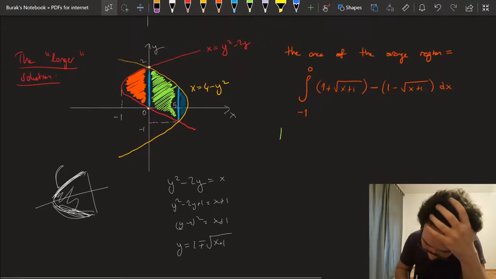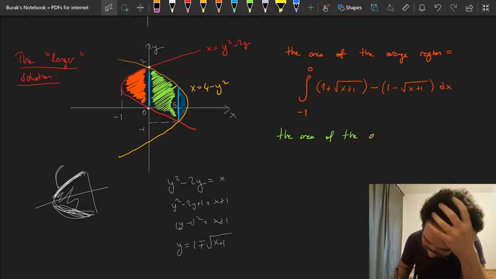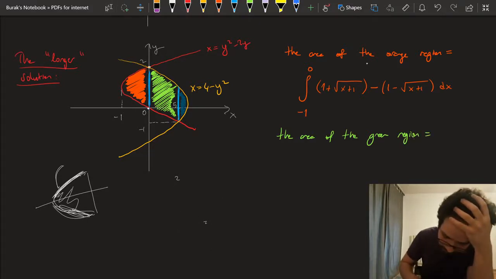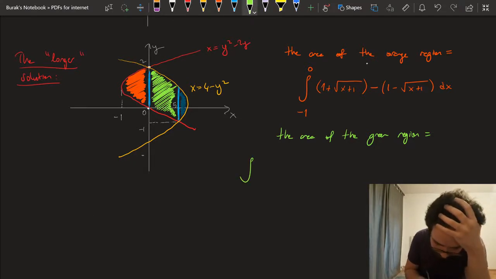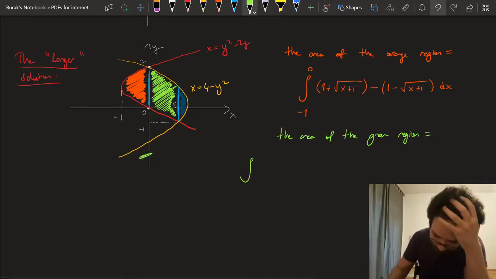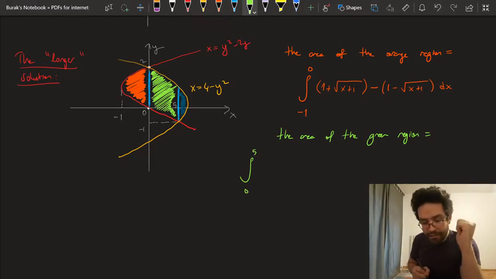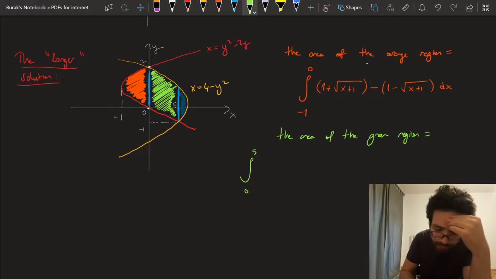The area of the green region is equal to, now I have an integral from 0 to 5, okay, and the top function here in this case is, well, try to solve for x in terms of y.